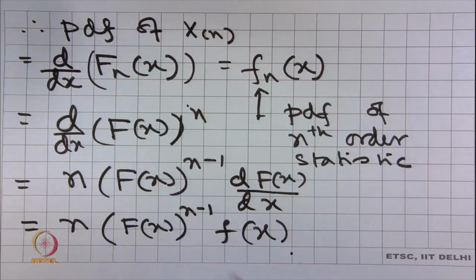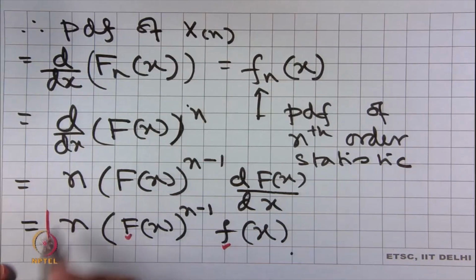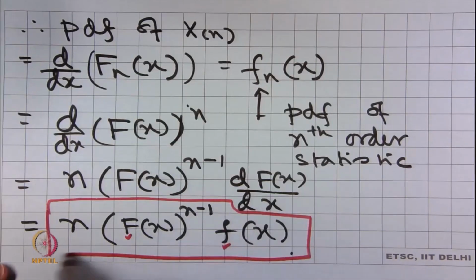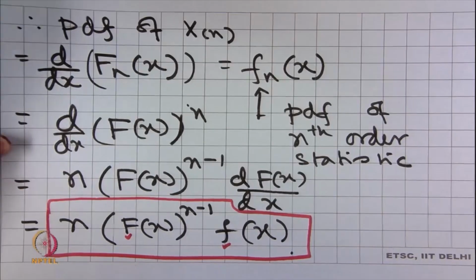So, once we know the parent density function and the corresponding CDF, then if we take n samples, we can get the PDF like this.